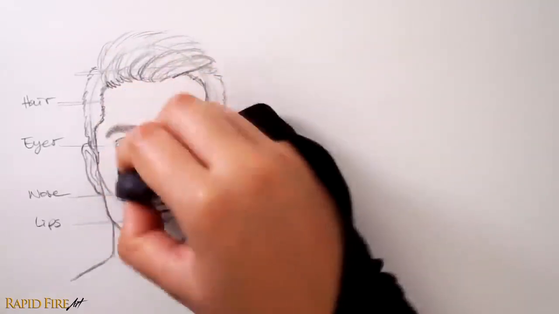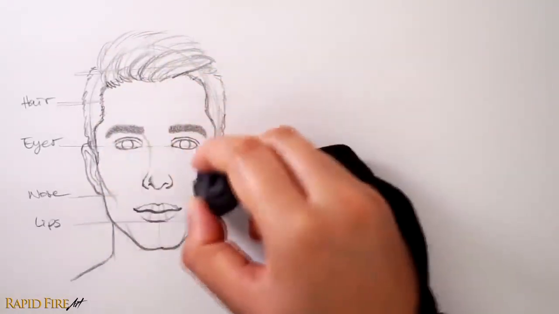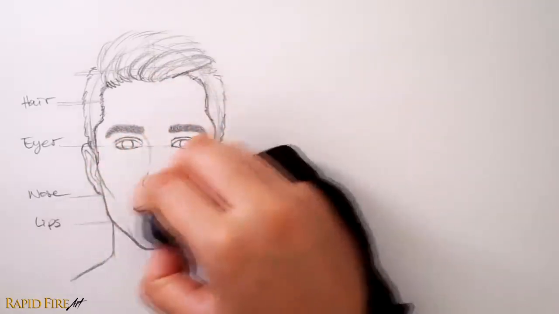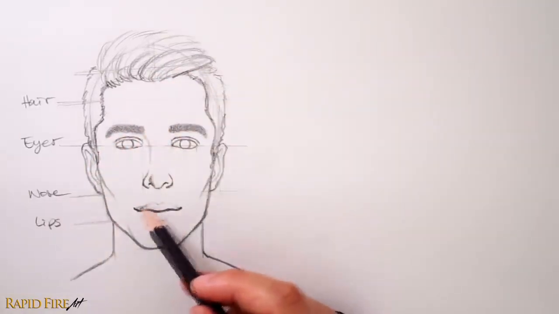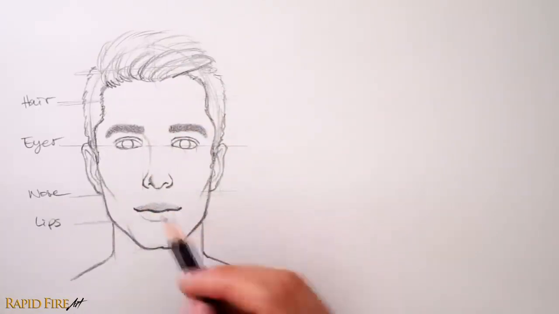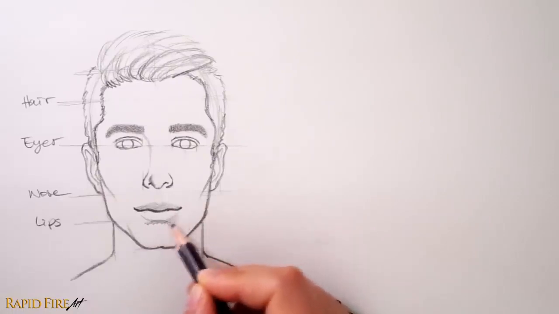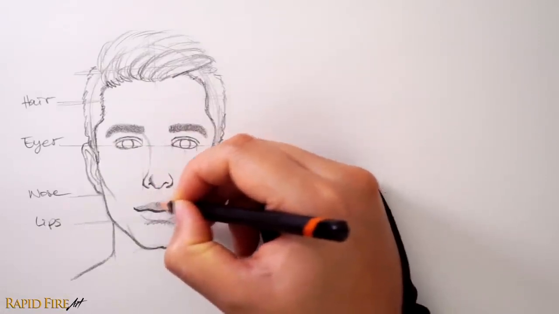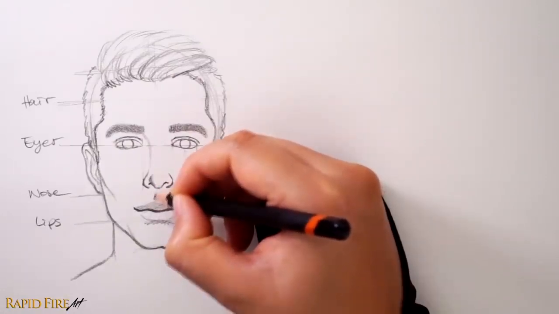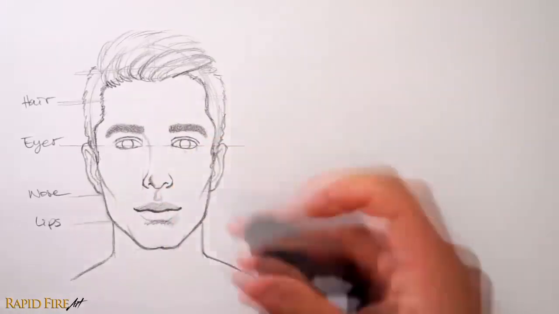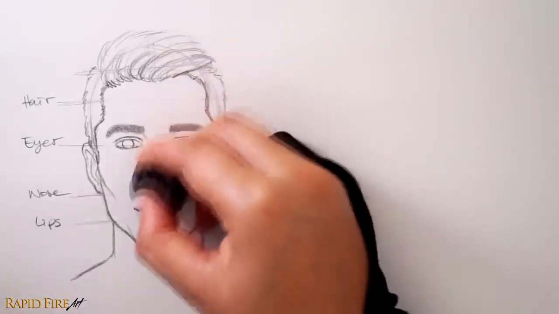I think males generally have less prominent lips, so let's remove a layer of graphite to make the mouth really subtle. Adding some shading underneath the mouth to bring out that chin. That was actually really effective.